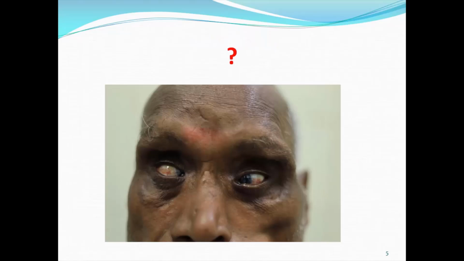What do you think about this patient? This patient came to us one week ago with chronic dacryocystitis. Anyone can diagnose it by appearance, except our residents. She came to us after 10 years.